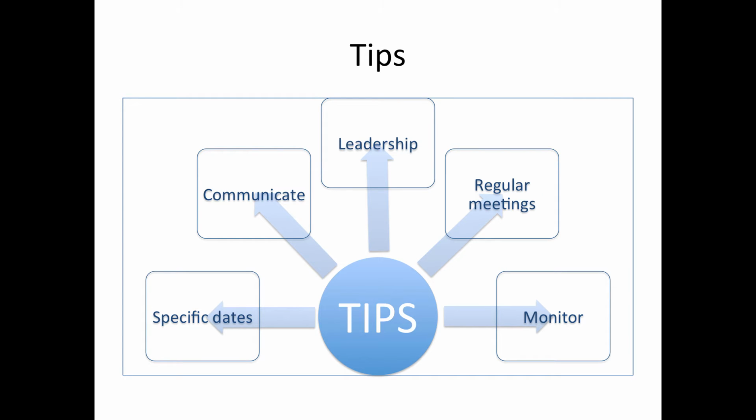Here are a few tips to keep in your back pocket. 1. Determine specific dates for the program implementation. 2. Communicate clearly the program protocol in the event of gaps, challenges, and barriers during implementation. 3. Establish leadership engagement to sustain the program. 4.